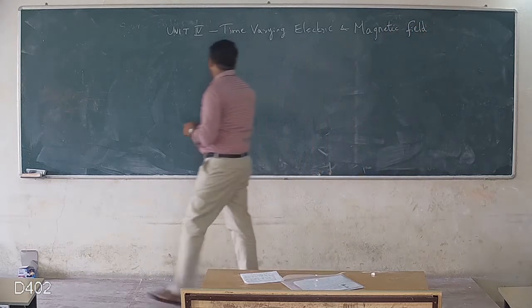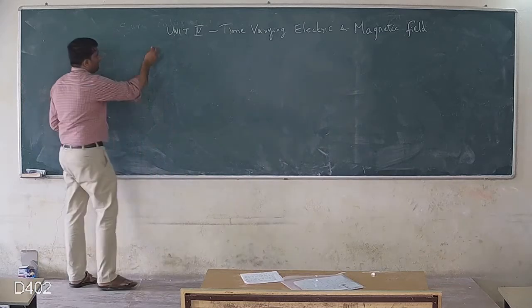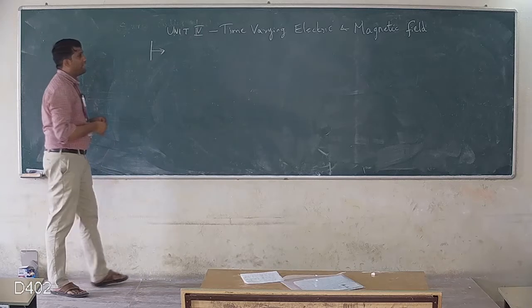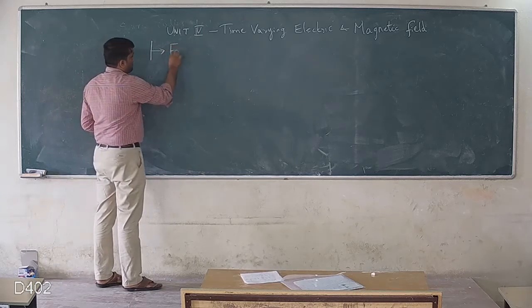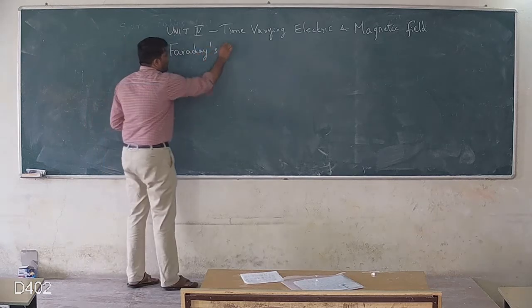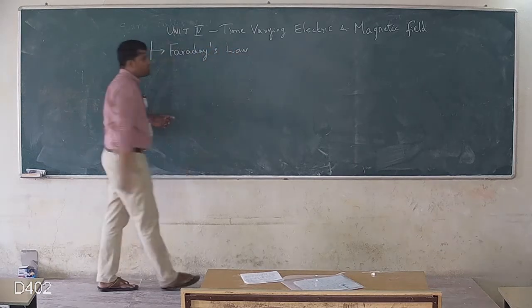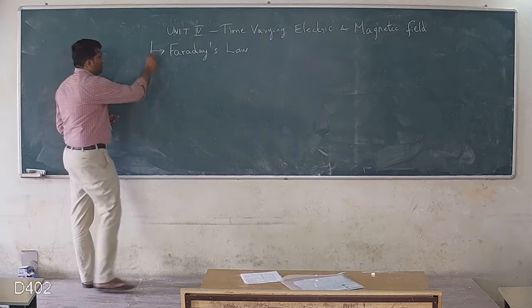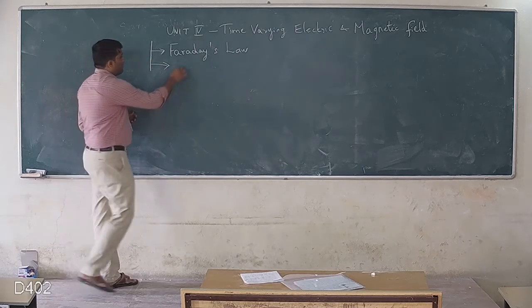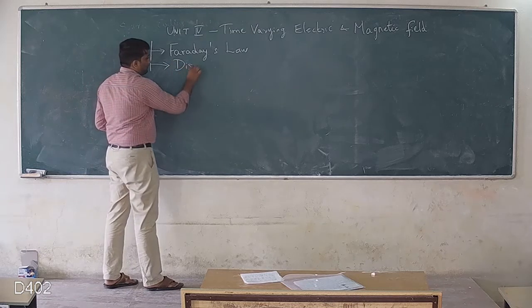Before starting, let me explain the syllabus for unit number 4. It contains Faraday's law. You are very much thorough with Faraday's law, but still we will understand what it is. The second topic is we will define what is displacement current.